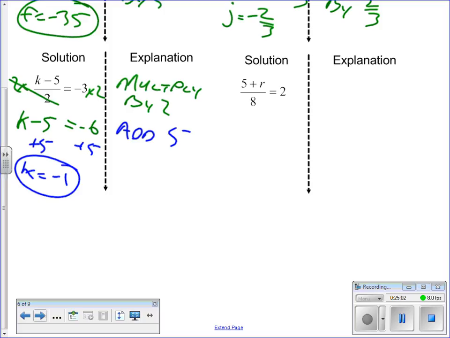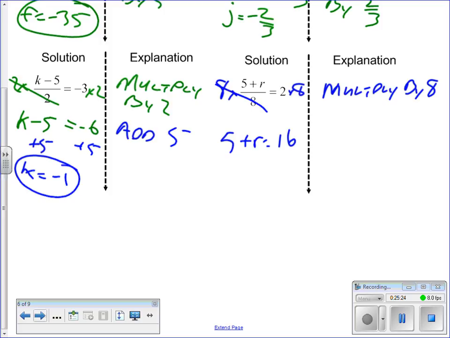So, similar example. What's my first step on this one? Multiply by 8. Times 8, times 8. Those cancel and I get 5 plus r equals 16. Ooh, how many of you are thrown off by having the variable not in the front?